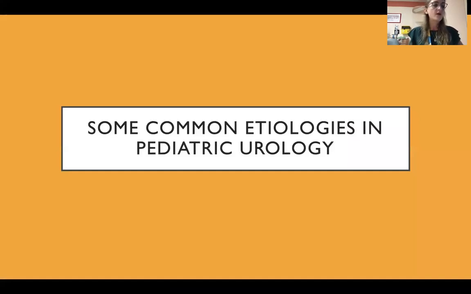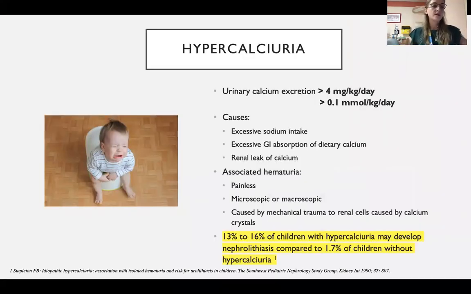So now we will go into some common etiologies that we will find in our practice as pediatric urologists. The first one, the most common one, is hypercalciuria. Hypercalciuria is the excessive excretion of urinary calcium, as the name says, and the range considered is more than 4 milligrams per kilogram per day, or more than 0.1 millimoles per kilogram per day of calcium excreted in urine.